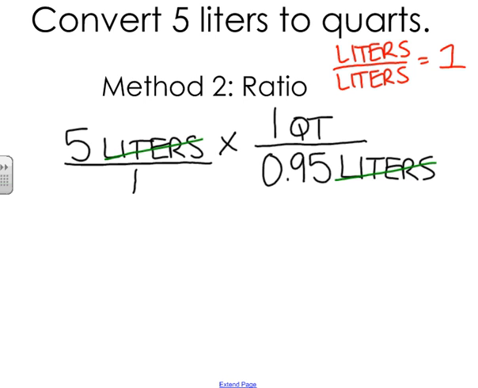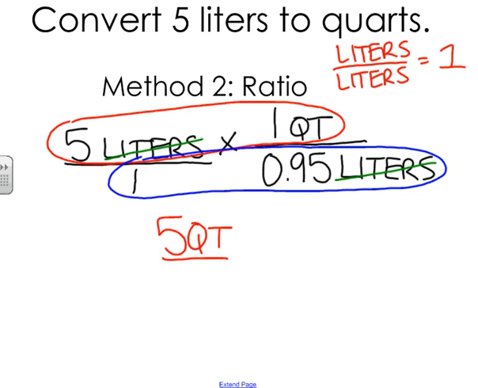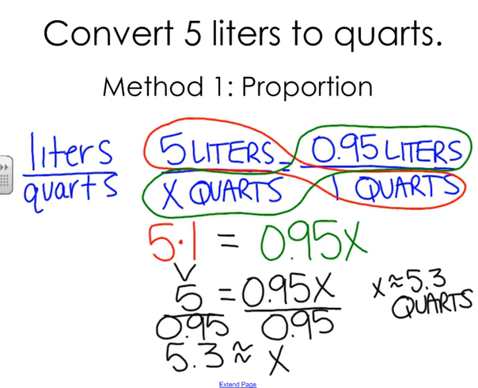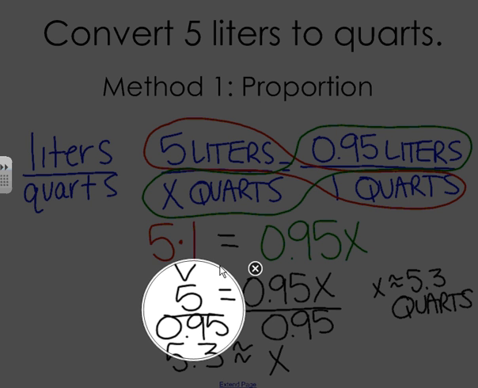Now I can multiply straight across. 5 multiplied by 1 quart is 5 quarts. And 1 multiplied by 95 hundredths is 95 hundredths. Notice that this is the same calculation that we saw before in the last step of our equation solving. So you're going to get to the same thing.